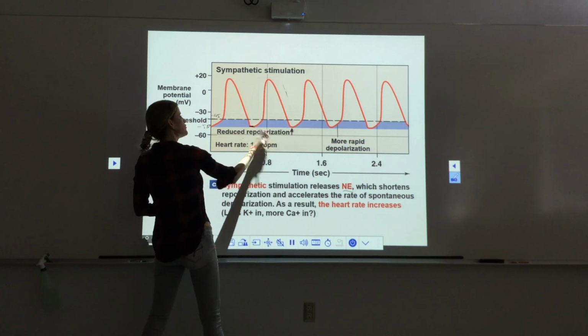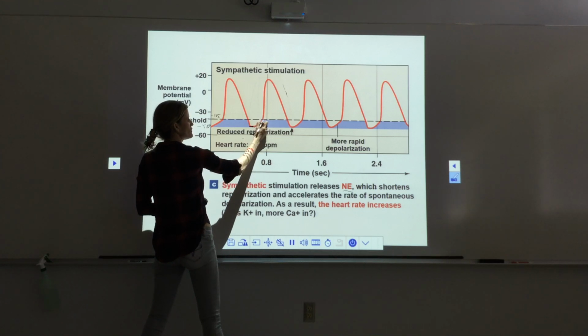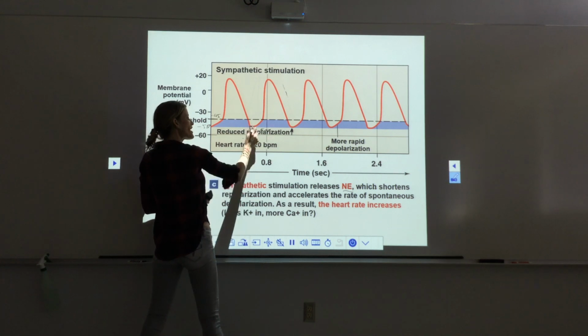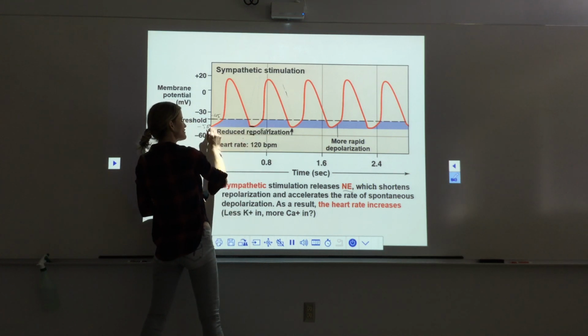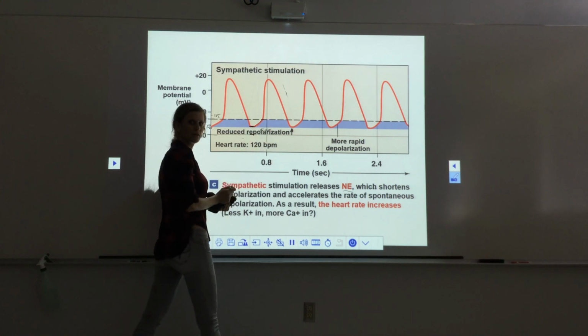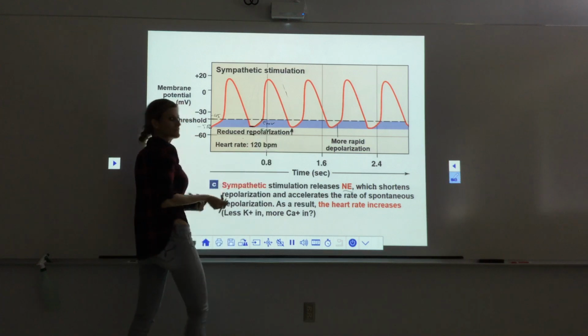So if you look at this, before, the sodium had to leak to bring us all the way from -60 up to -45. We had to change 15 millivolts. But if I close those potassium channels at -50 millivolts, now look, I barely need any sodium to leak in. It doesn't take very long for only 5 millivolts worth of sodium to leak in.